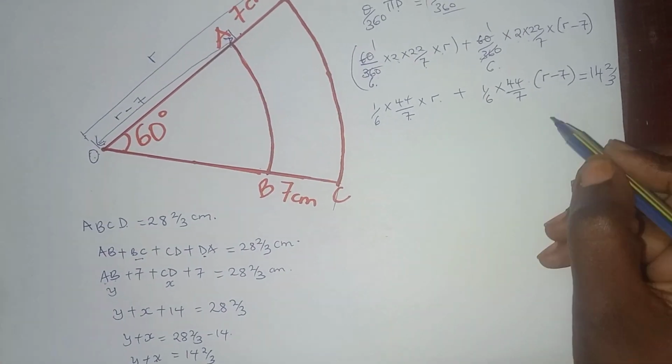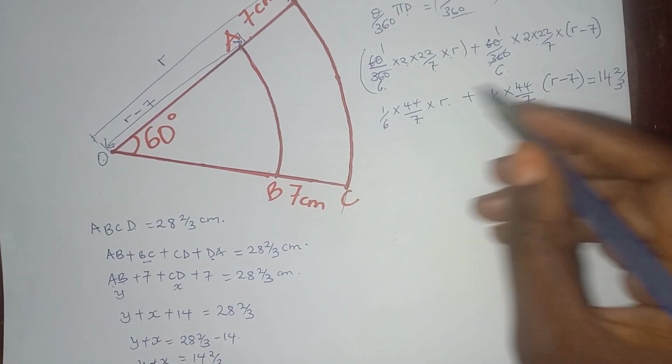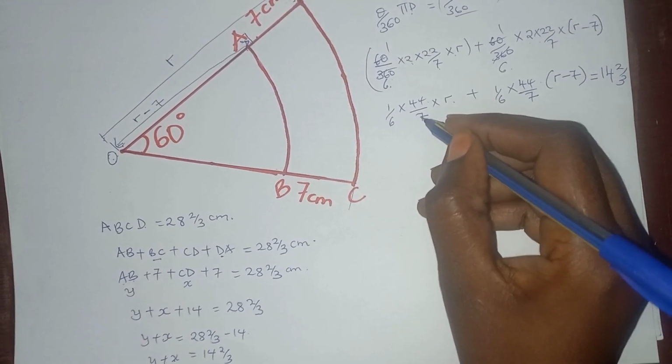So we can equate this one and collect the like terms.